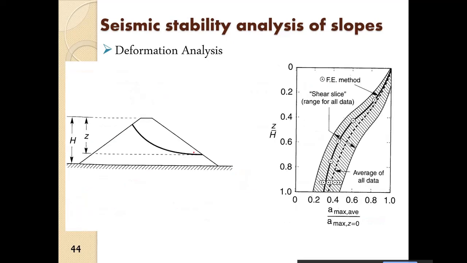So Makdisi and Seed in 1978 considered the dynamic yield strength to be 80% of the undrained shear strength, and that is what they used to define the yield acceleration.